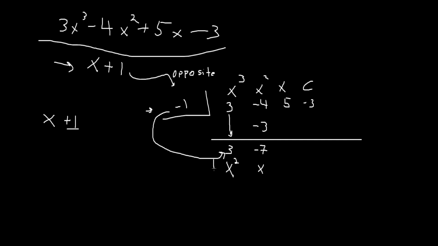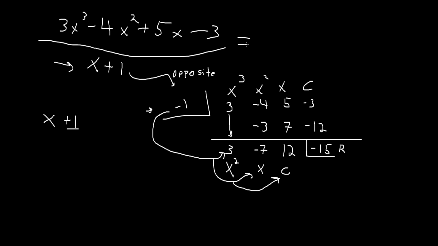Now we multiply by the -1 again. -1 times -7 is +7. So 5 plus 7 is 12. This would be a constant because now we've used up all our x's. Then we do -1 times 12, that'd be -12. So -3 plus -12 is -15. This guy would be our remainder.